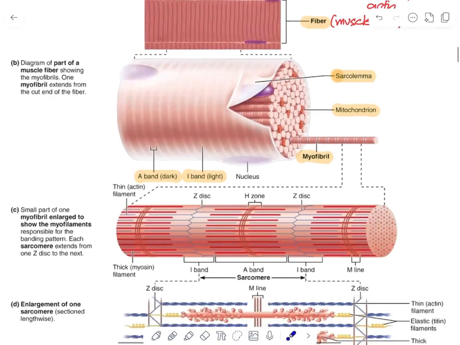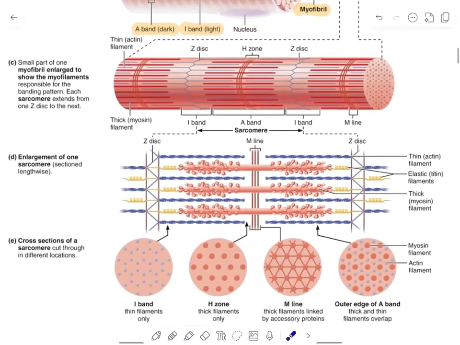Looking further down here, we see a very detailed sarcomere. So you can see the sarcomere goes from one Z disc to another Z disc. So again, the H zone is in the A band. The Z disc is in the I band.